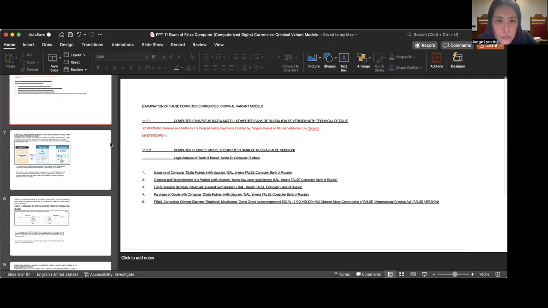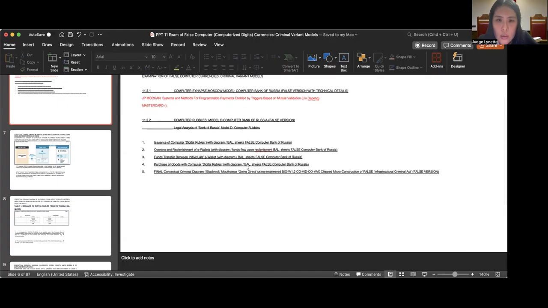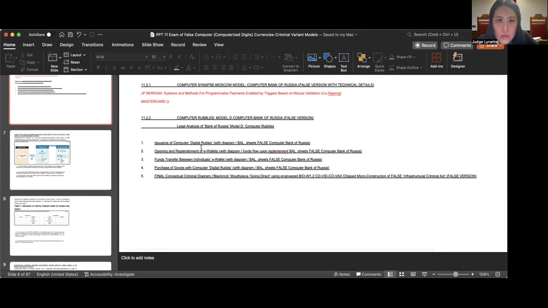And we will also be looking at some other things like JP Morgan systems and methods for programmable payments enabled by triggers based on mutual validation, and the legal analysis of Bank of Russia Model D, and some of the points. These points will be the diagrammatical concepts followed by balance sheets to clearly understand how these different types of transactions work in the virtual computer Bank of Russia.